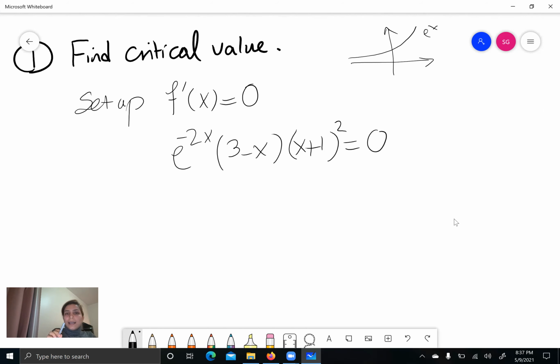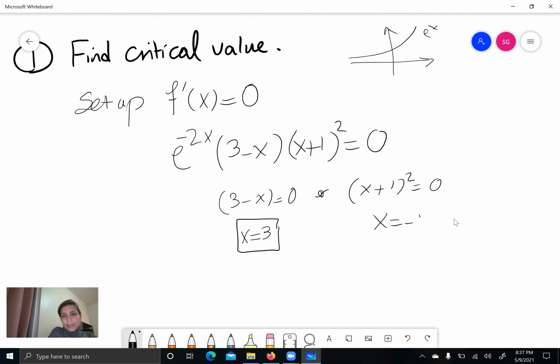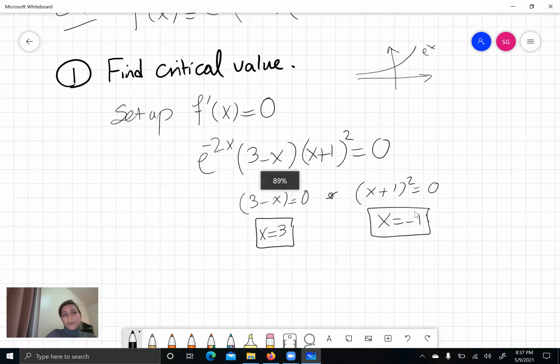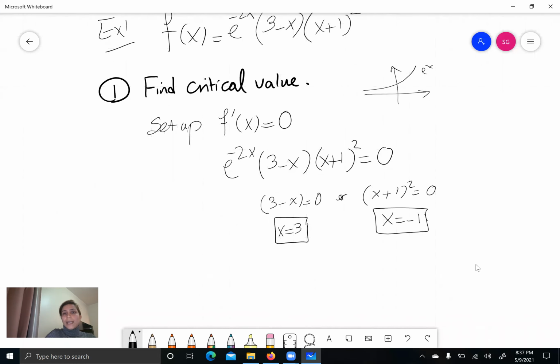So it's either 3 minus x that is 0, or x plus 1 squared that is 0. So one value is 3 and the other value is negative 1. So these are the critical values. What are the critical values of this function? 3 and negative 1.